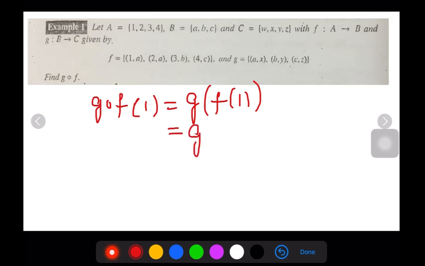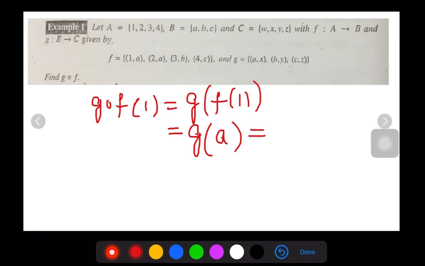Now, we need to find what this F of 1 is in the function F. So, 1 is an element under the function F, and to which element is 1 mapped? That means the image of 1 you have to find out. 1 is paired with a, so a is the image of 1. Therefore, you write a here.